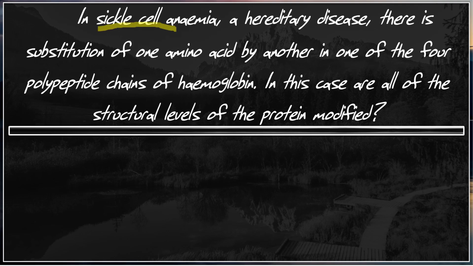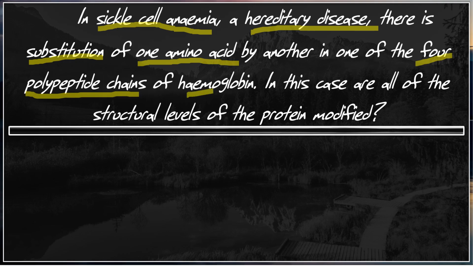In sickle cell anemia, a hereditary disease, there is substitution of one amino acid by another in the beta polypeptide chain of hemoglobin. In this case, are all of the structure levels of the protein modified?